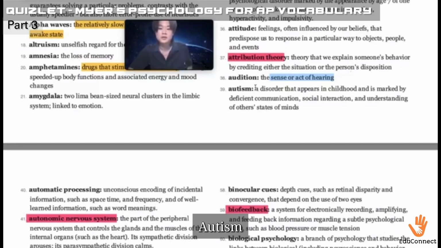Okay, so let's end this video by talking about autism last. So autism is a disorder that appears in childhood and is marked by deficient communication, social interaction, and understanding of others' states of mind. So people who have autism, I have some friends who have autism, they usually have difficulty communicating with people, and they're usually not really socially active, right?